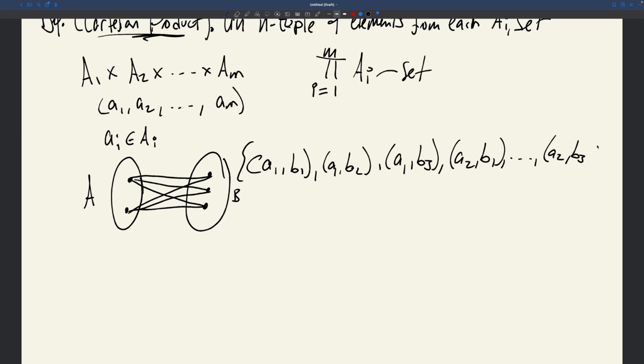And this is going to be the exact same as A cross B, which is in itself a set.